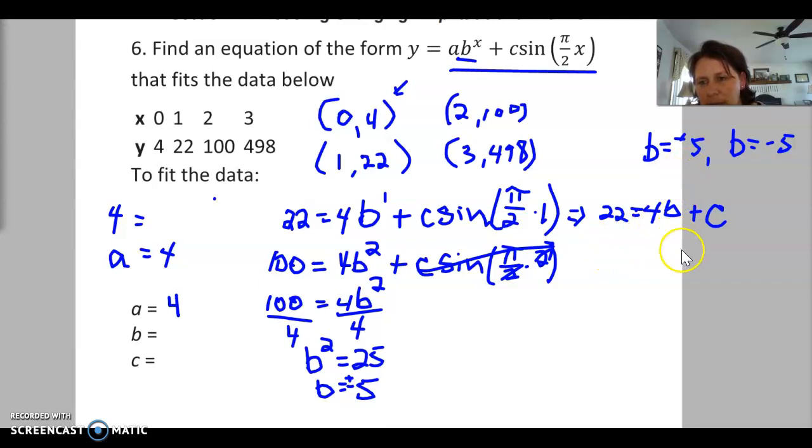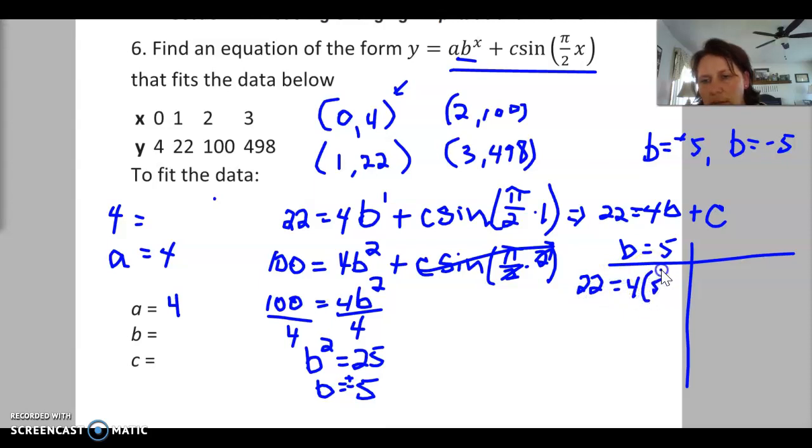So let's give us 2 columns here. If b is equal to positive 5, then we have 22 equals 4 times 5 plus c. Therefore, c is going to equal 2.